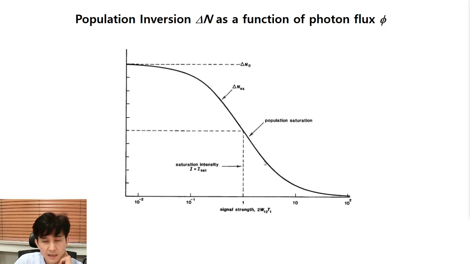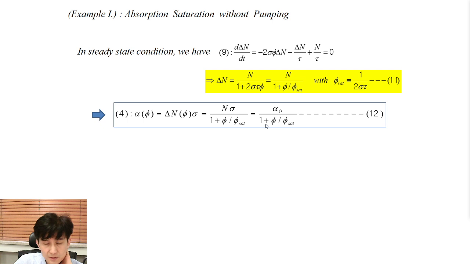This curve shows the normalized population inversion, which becomes almost 0 as the photon flux is increased from 0 to infinity. When photon flux becomes infinite, the absorption coefficient becomes 0. The same is true for the population inversion: when phi becomes infinite, delta n becomes 0.